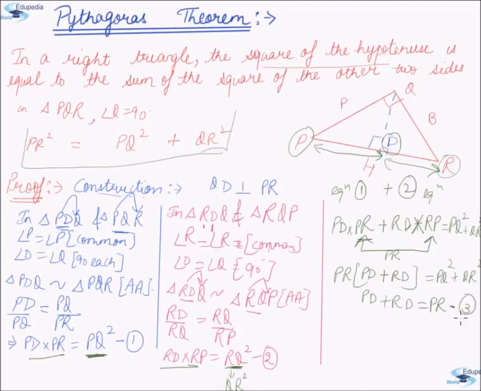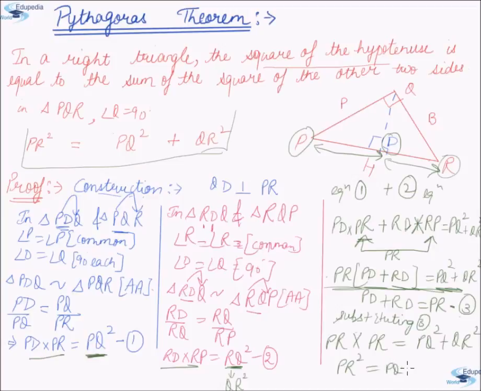So on substituting this in this equation, we will get PR into PR is equal to PQ square plus QR square, or we can say PR square is equal to PQ square plus QR square, which is the required original equation. Hence, this was the proof of Pythagoras theorem.